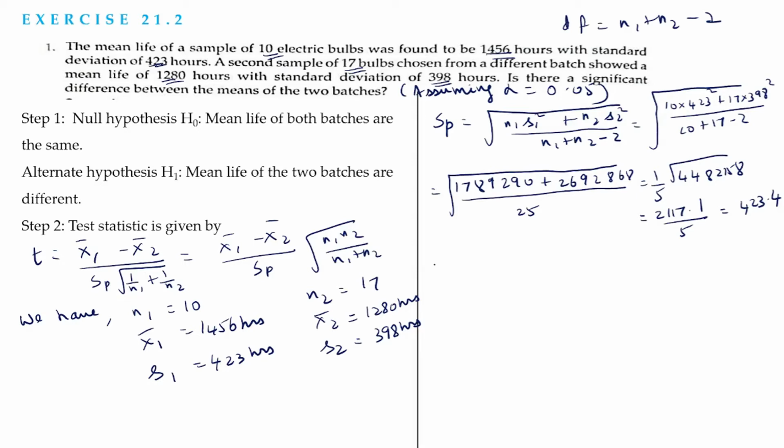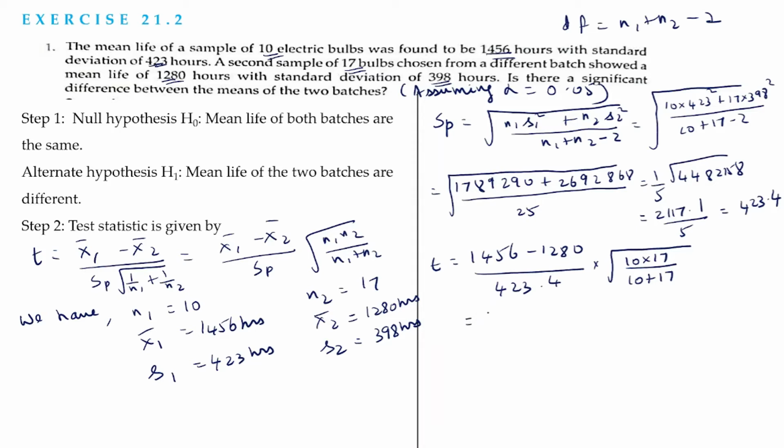Now we can find t. So t is equal to x1 bar minus x2 bar, that is 1456 minus 1280, upon the pooled standard deviation 423.4 into root of n1 into n2 upon n1 plus n2, so 10 into 17 upon 10 plus 17.